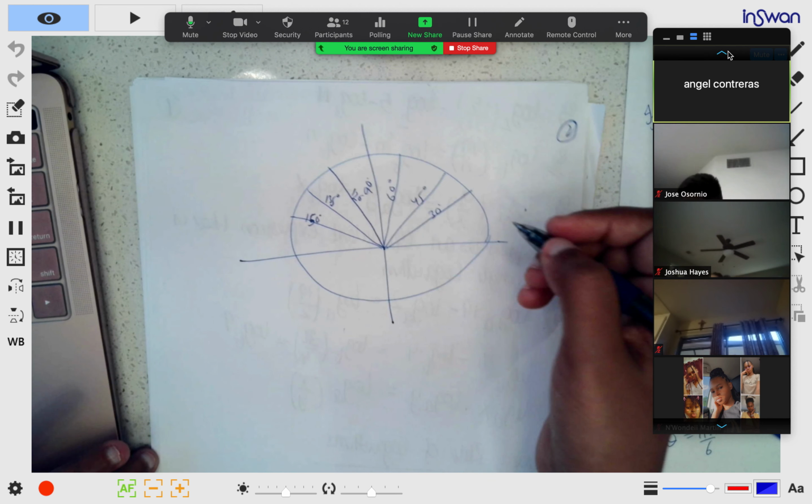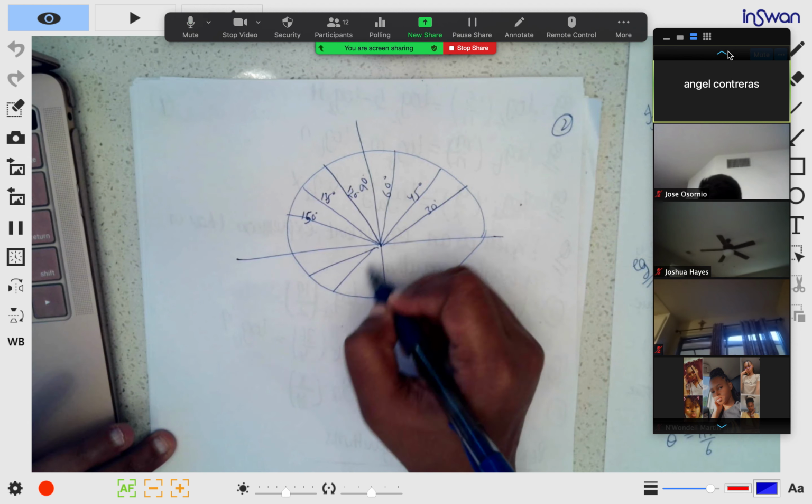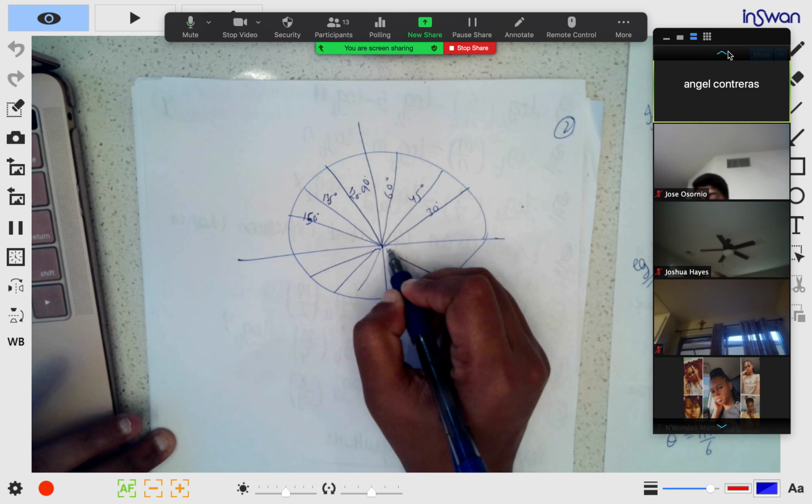And similarly you will have here. So this was your unit circle.